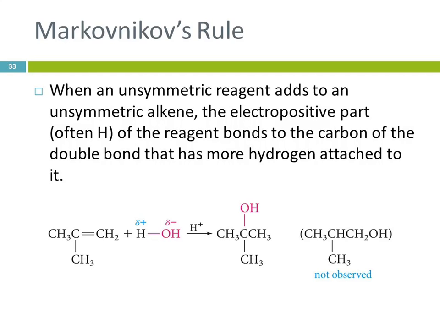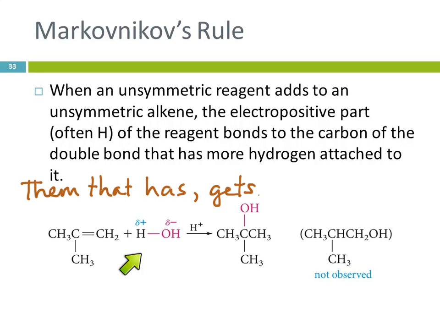Maybe a more colloquial way of saying it is, them that has gets. When we're adding this, the hydrogen is going to go to the carbon that has more hydrogen atoms already bound to it. So the carbon that already has hydrogen gets another hydrogen.